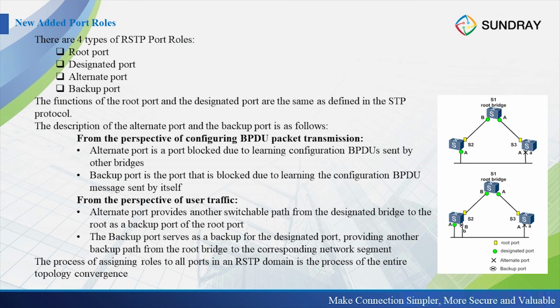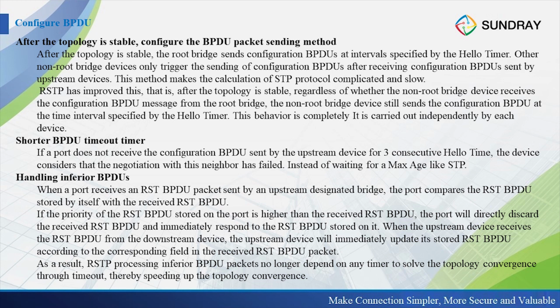The process of assigning roles to all ports in an RSTP domain is the process of entire network convergence. So in a word, the alternate port is a backup of the root port, and the backup port is the backup for the designated port.